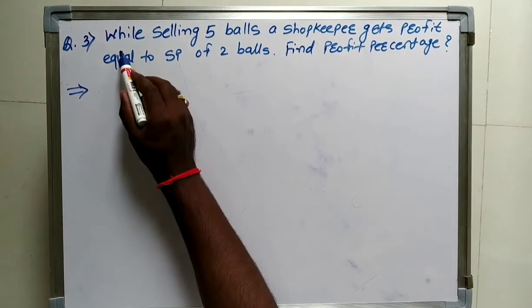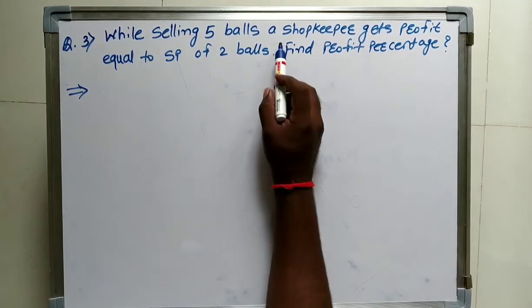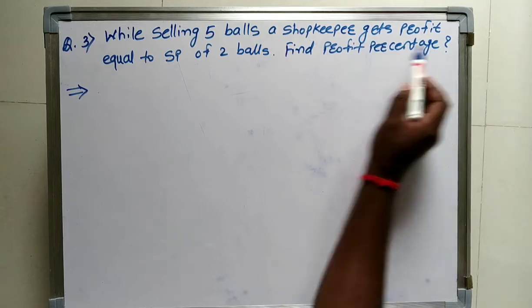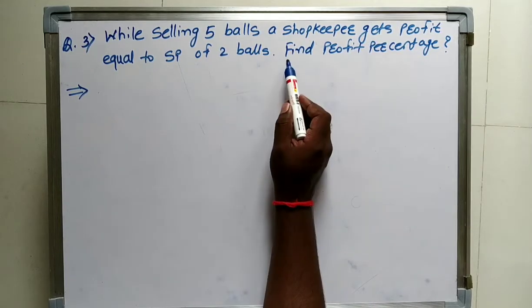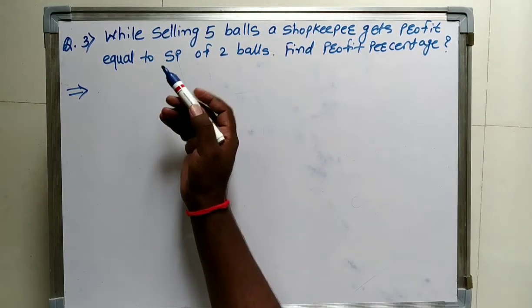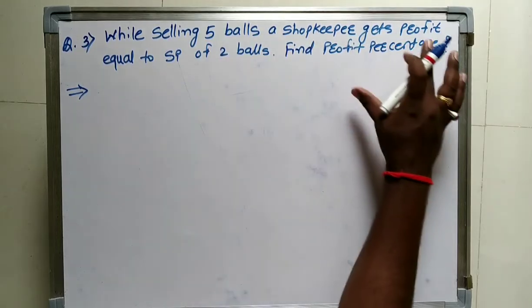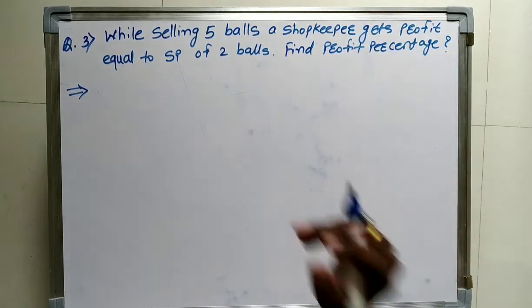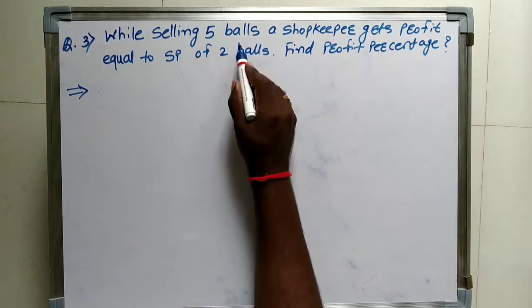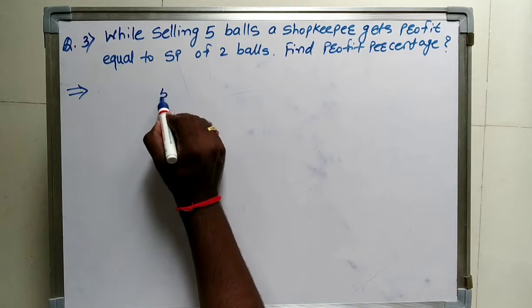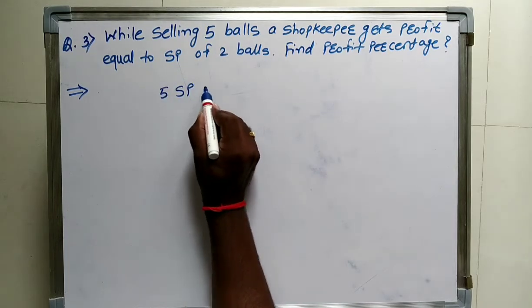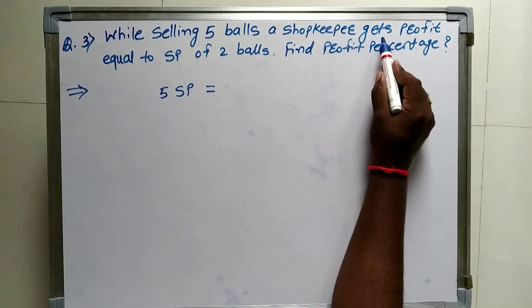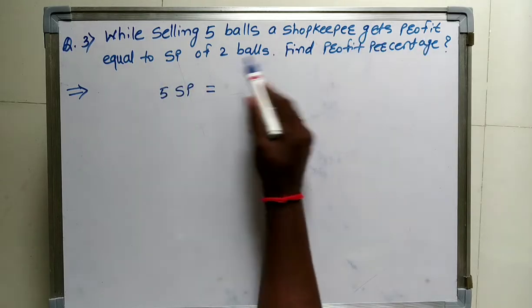Now we'll see the third question: while selling 5 balls, a shopkeeper gets a profit equal to the SP of 2 balls. If we don't get the idea behind this sentence, then go roughly. Selling 5 balls means 5 SP, and he gets a profit equal to the SP of 2 balls.